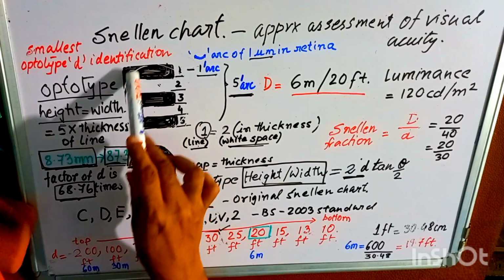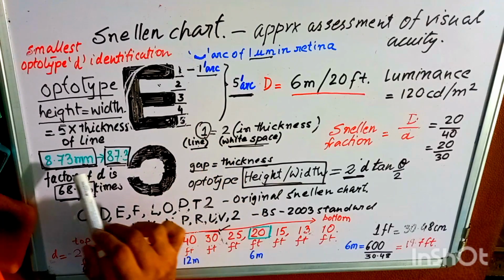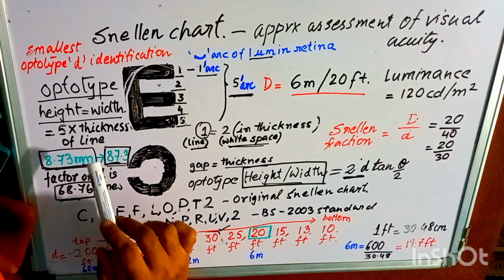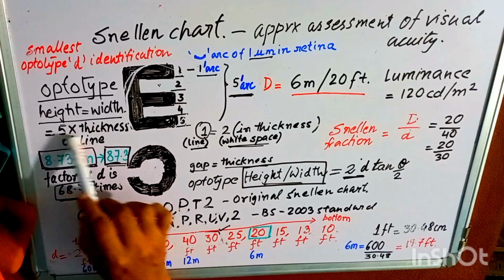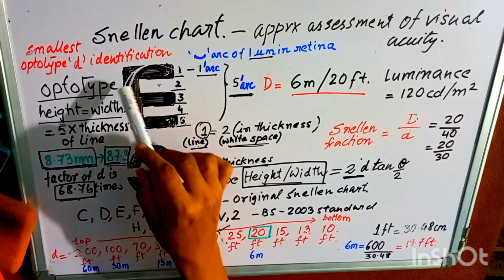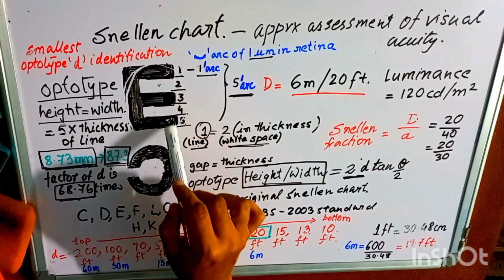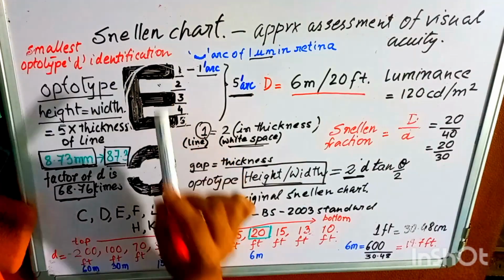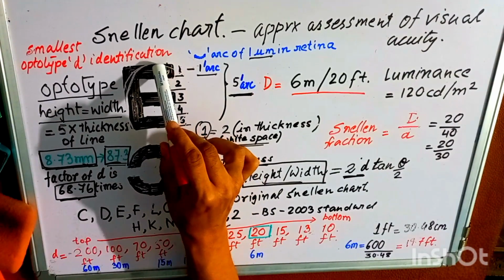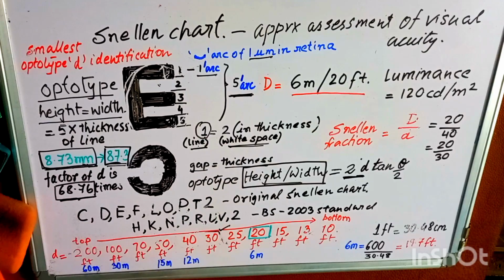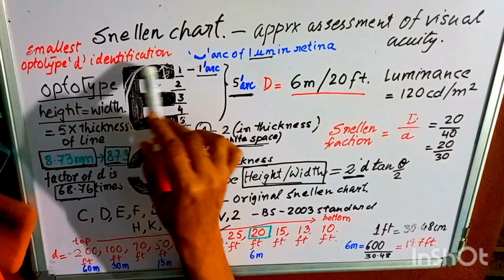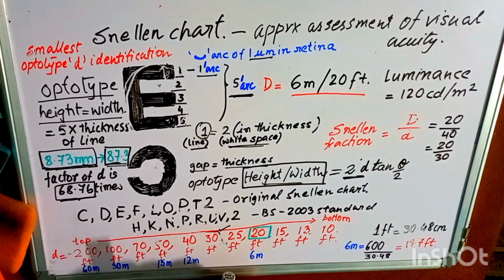This optotype is actually a square, and the letter size is 5 times the thickness of the line. The whole size of the letter, the height and width, is equal to 5 times the thickness of this line.